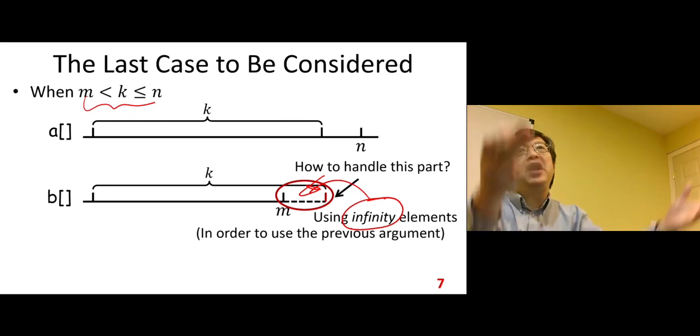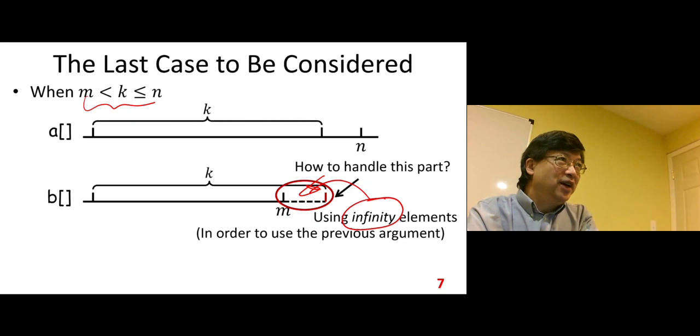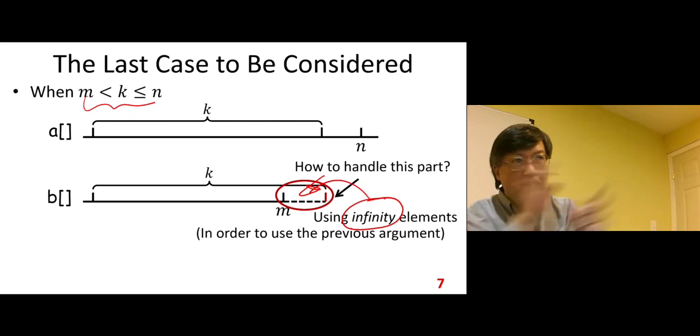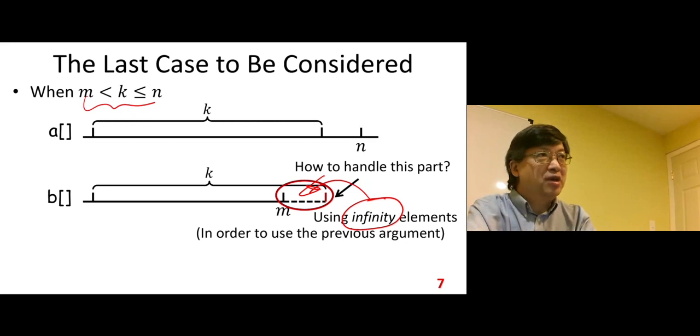You may argue, how do we get infinity elements, right? All right, so here, we just imagine some special symbols. We use some special symbols as infinity. But in our program, we won't really use infinity.